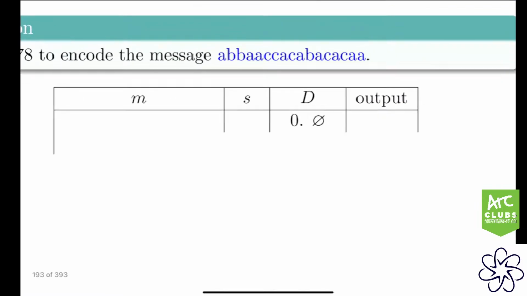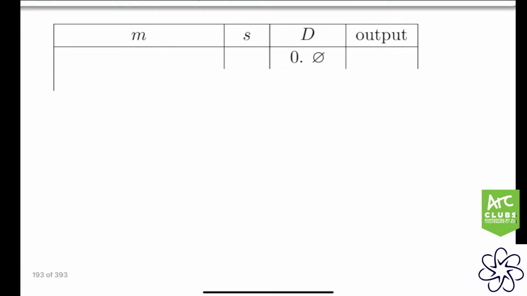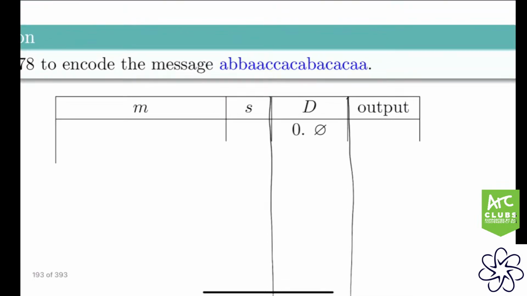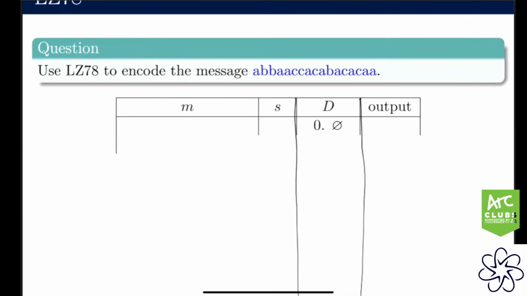The way that we're going to do this is we're just going to draw out our dictionary. So, the 0th element in the dictionary is always the empty set, because we have to start off our dictionary being empty, and then we just fill it up. And this is the LZ78 method, just filling up your dictionary. And yeah, let's just go through this.